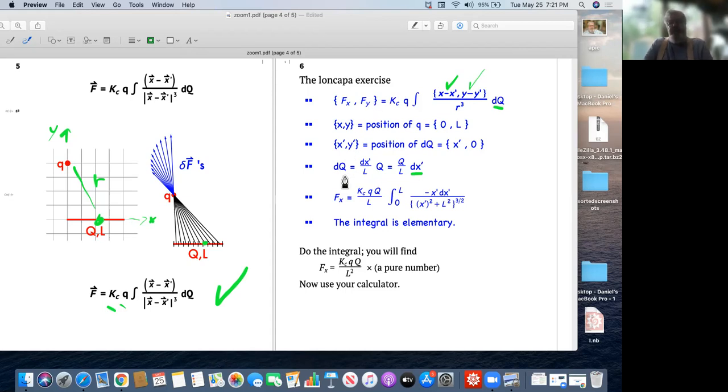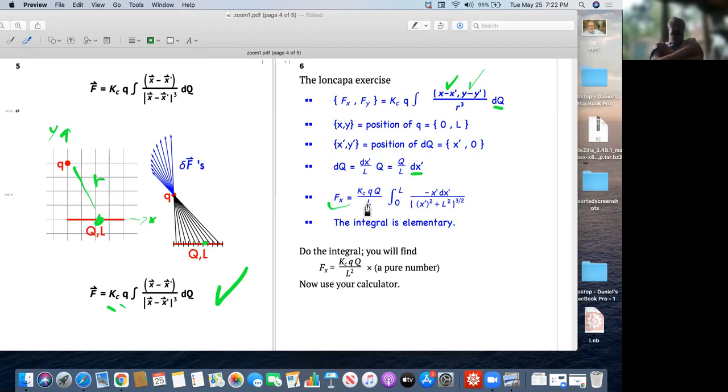All right, now let's go with f sub x. There are two calculations to do here, f sub x and f sub y. Well, let's do f sub x. And then you'll have to go home and do f sub y. But they're both done in the same way. We have this constant kc times Q, and also another constant Q divided by L. So I'll have kc times Q divided by L. Those are all constant terms, so I can pull them outside.